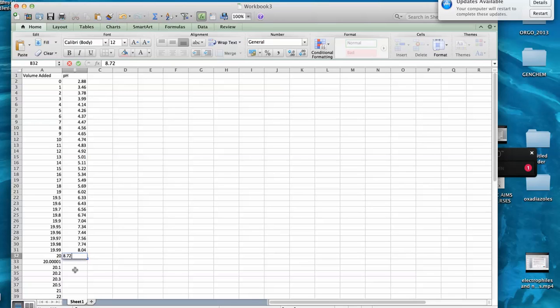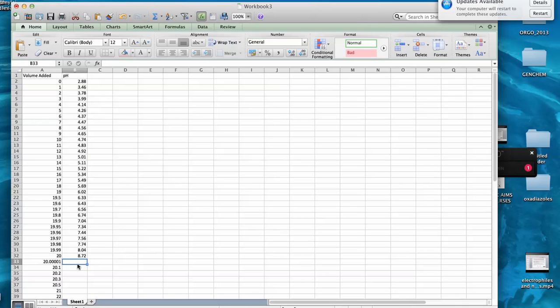And notice what happens. I have added 0.01 milliliters of base. That is the equivalent of 1/5 of a drop of base. And the pH changes by 0.68 pH units. Yeah, that is definitely the equivalence point.